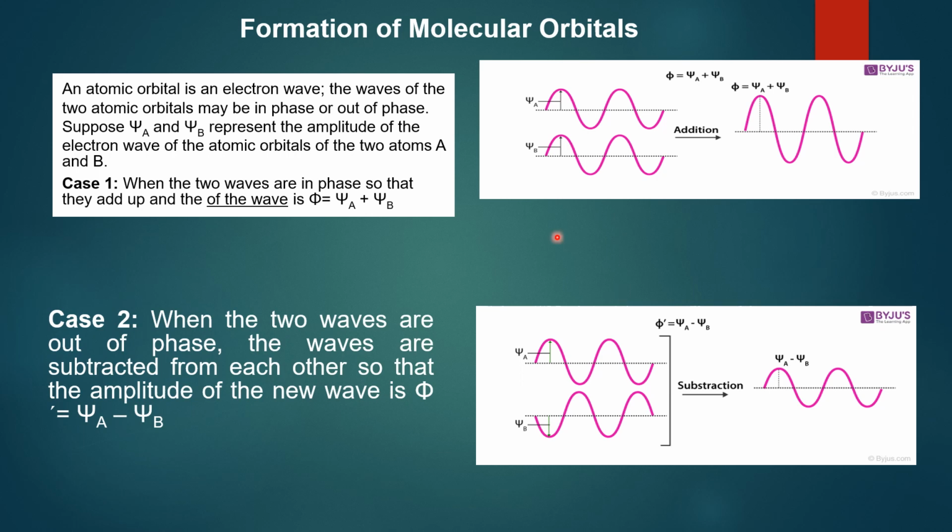It can be represented by the equation phi equals psi A minus psi B. In the first case, the two wave functions come closer to each other and are added together to form bonding molecular orbitals. But in the second case, the two wave functions are far away from each other to form anti-bonding molecular orbitals. This is the way molecular orbitals are formed.